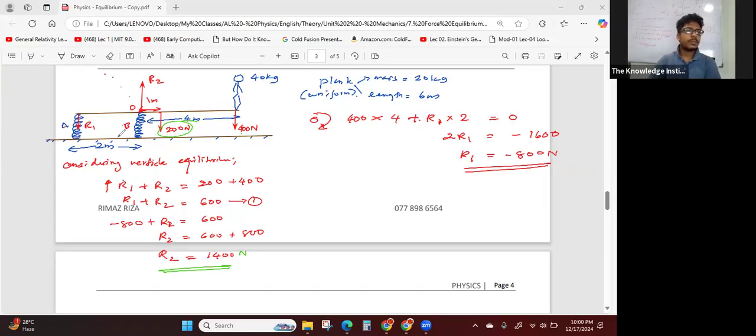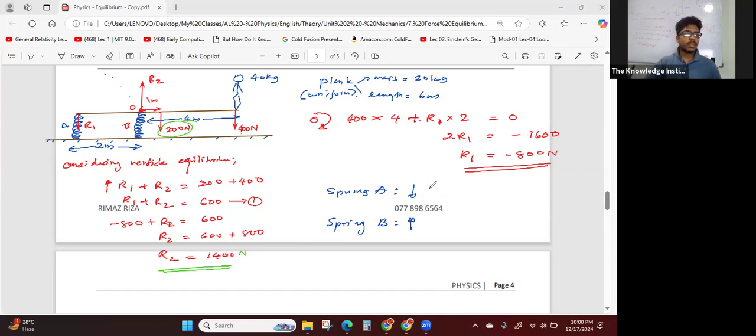So we want to write the magnitude and the direction of the force acting on springs A and B. So I can write spring A downward, 1400 Newton, and spring B upward, sorry, spring A is 800.